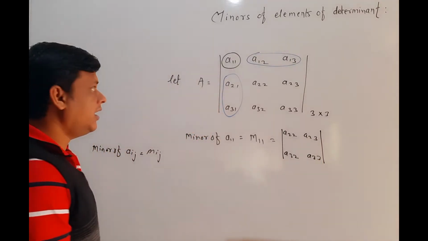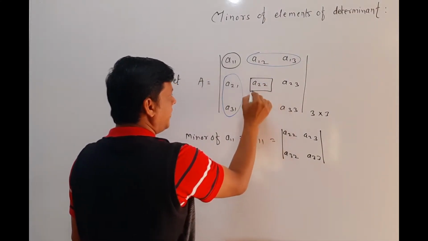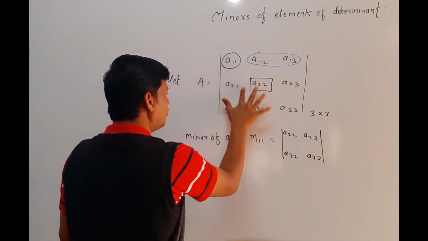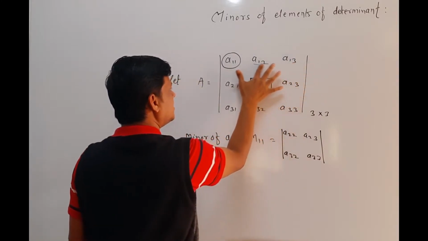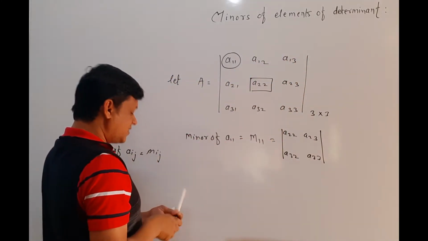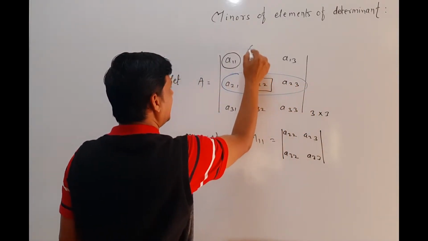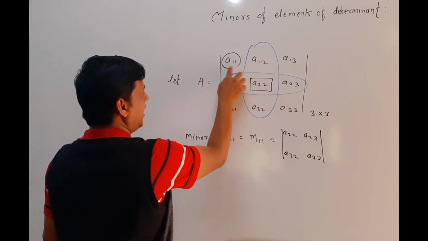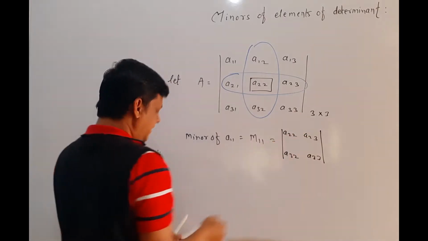Similarly, if we have to calculate the minor of a22, what do we have to do here? We have to skip the second row and second column, because this a22 lies in the second row and second column. So the remaining elements are a11, a13, a31, a33.